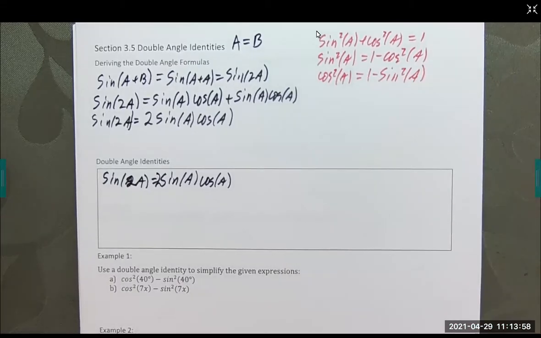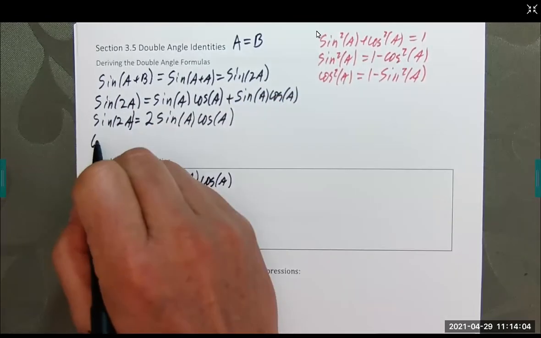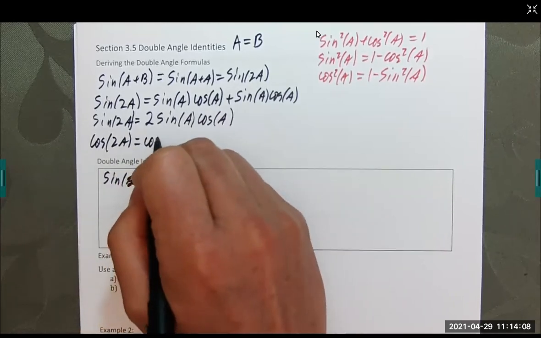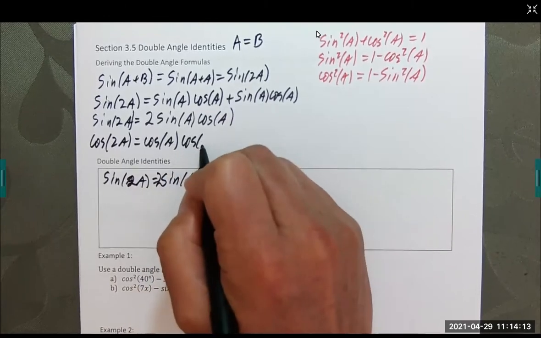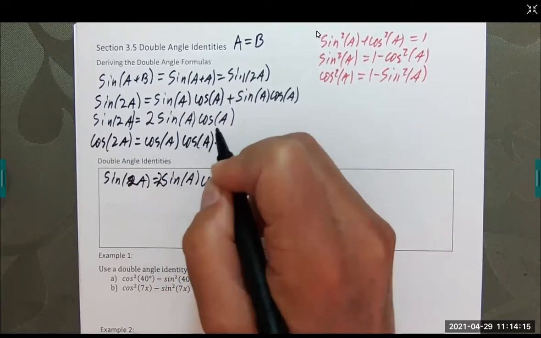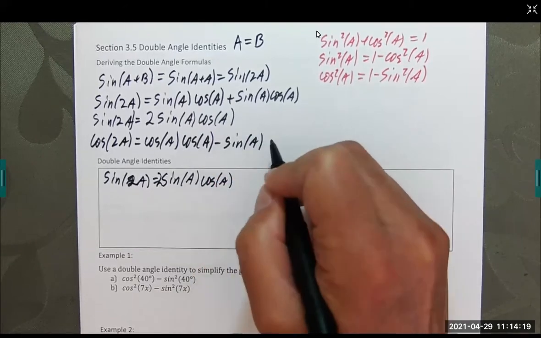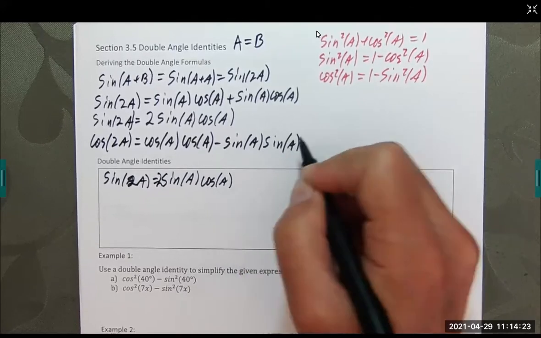So as we go to our double angle, A is equal to B in this case, so cosine of 2A becomes cosine A, cosine, normally we would put B, but A is B in this case, and sine A, and again, we would normally put sine B, but because they're the same, we're here.